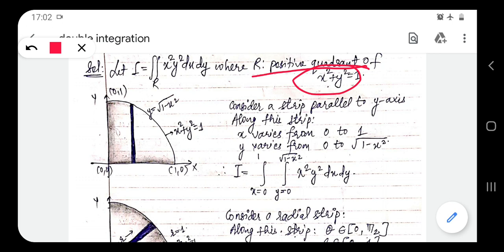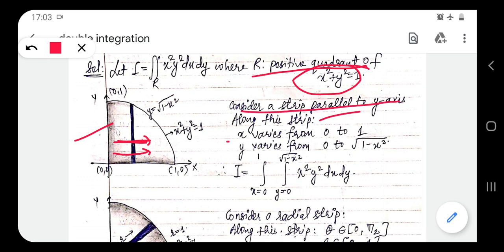So this is the diagram. One way is I can consider a parallel strip to the y-axis, and this strip is moving in this direction.